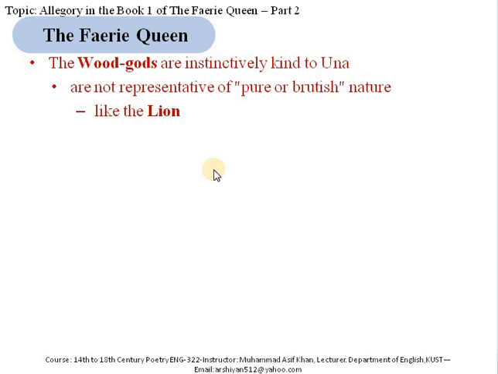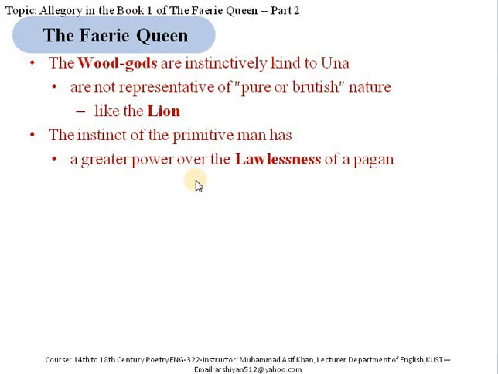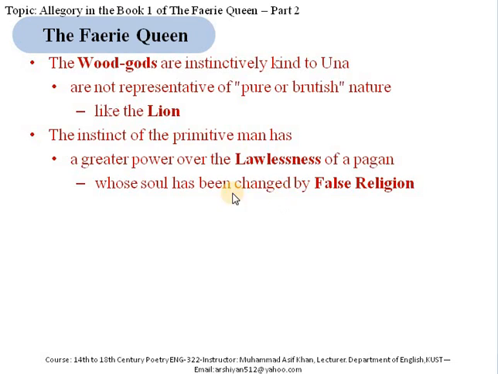This event also demonstrates that the instinct of uncivilized primitive man has great power over the lawlessness of that cruel pagan, whose soul has been changed to wickedness by the false teaching based on false religion.